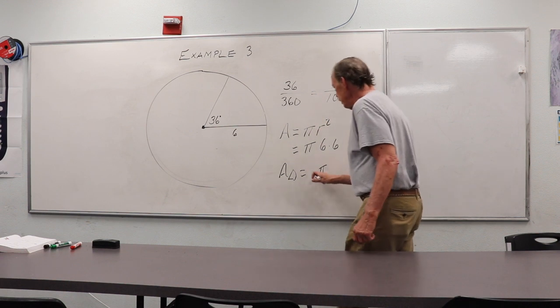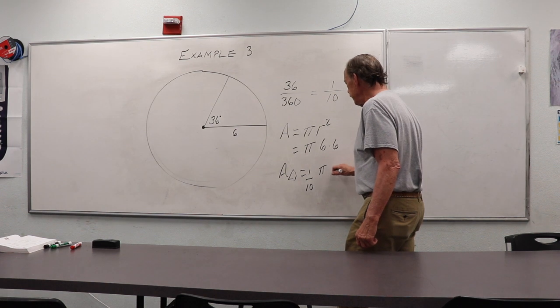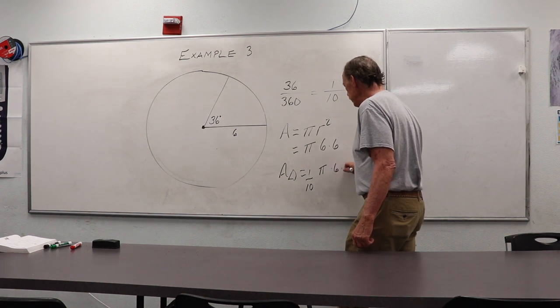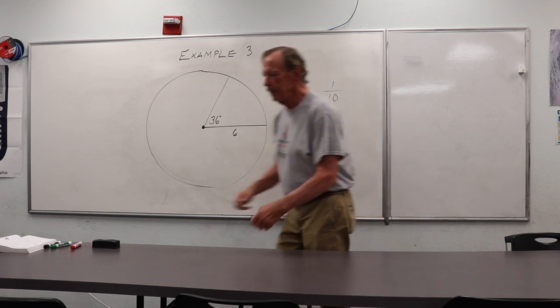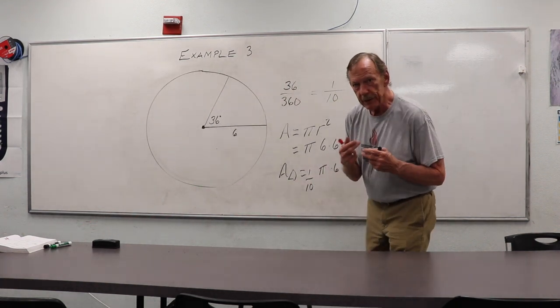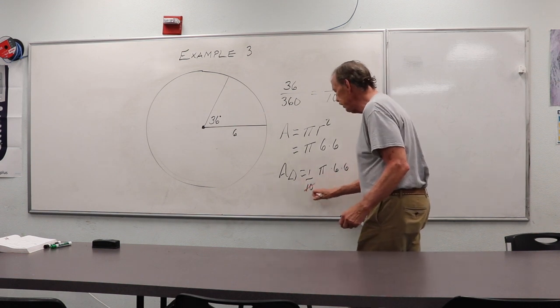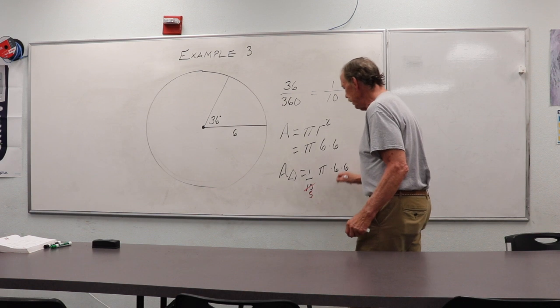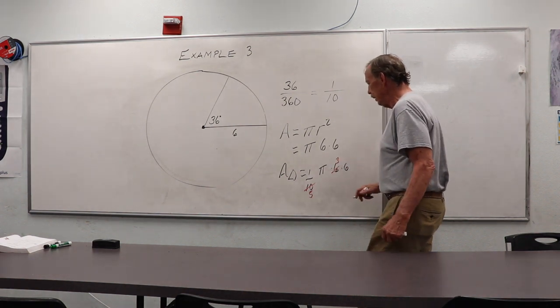So we want 1/10 of pi times 6 times 6. And again, we can do a little bit of reducing. Look, 2 goes into 10 5 times, and it goes into this 6 3 times.